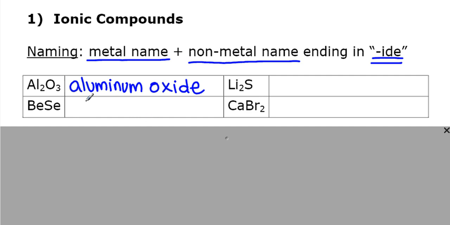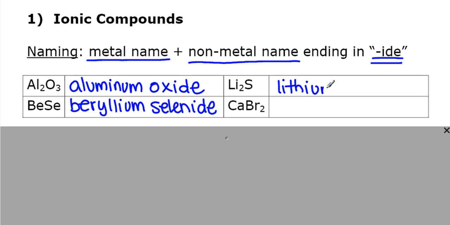Right, let's take a look at these ones. This one, metal, is beryllium. And this is selenium. It changes to selenide. Next up, metal is lithium. Next element is sulfur. It changes to sulfide.